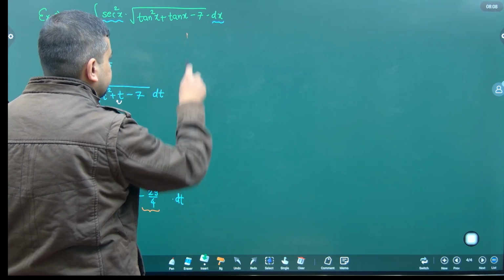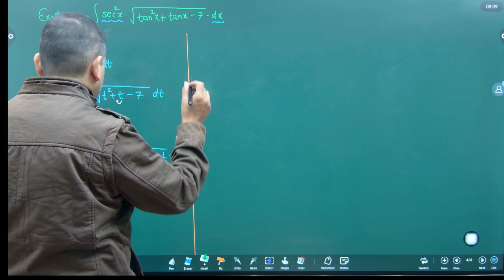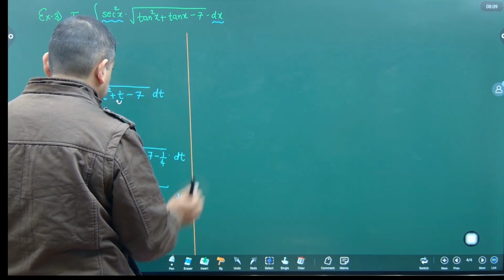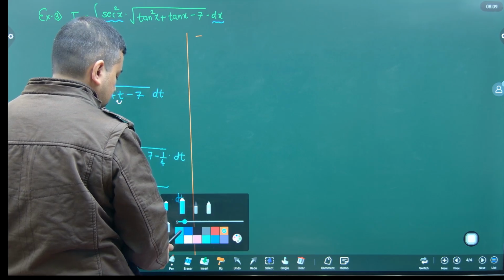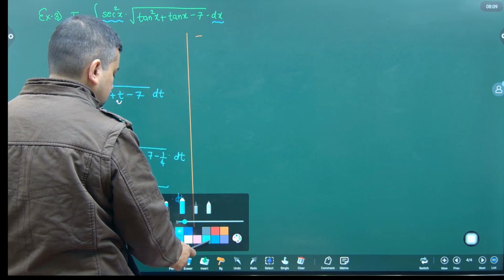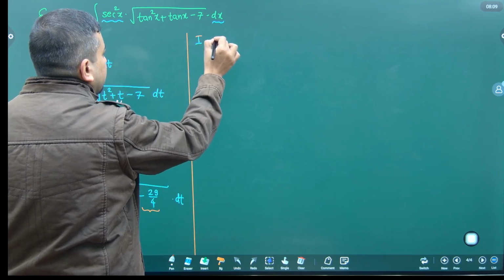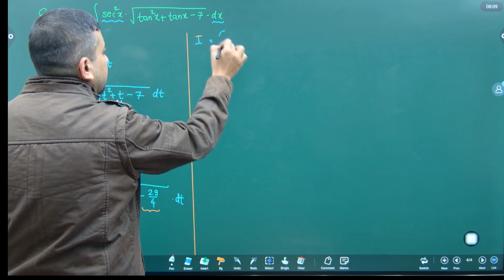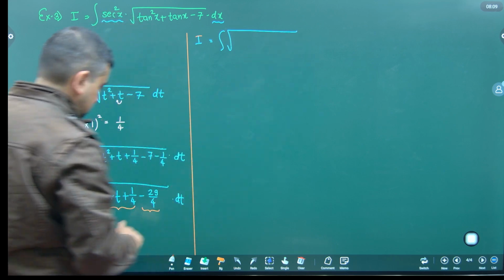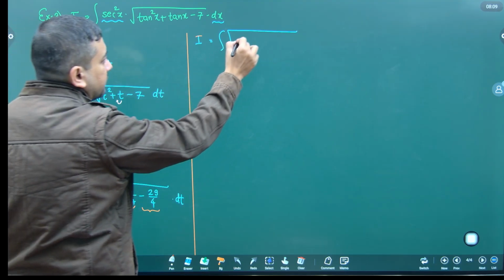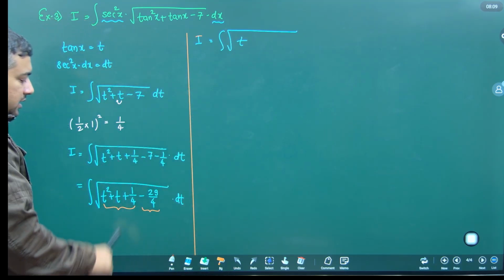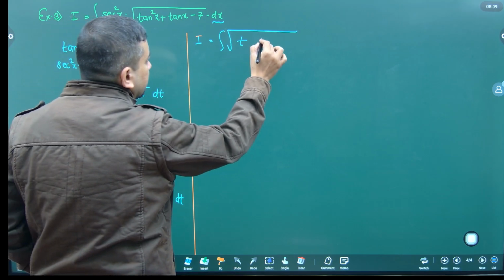So it will become, see here, I will be equal to integral under root. This is perfect square of what? See, first term it's a square of t, correct? 1 by 4, it's a square of 1 by 2.